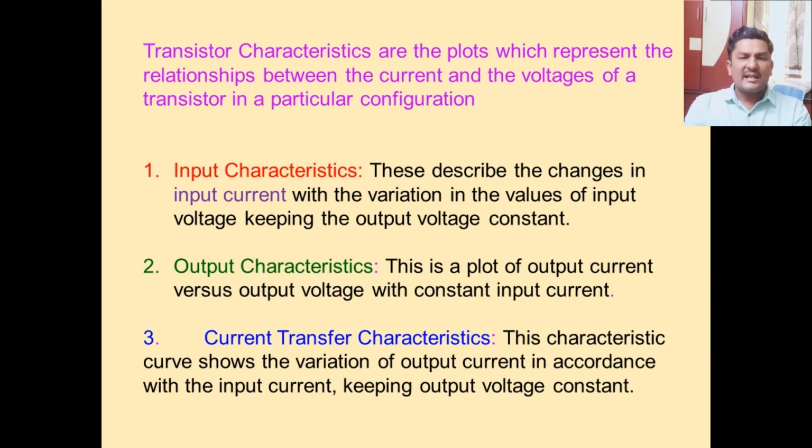The input characteristics are the relation between input current and input voltage, the output characteristics are the graph between output current and output voltage, and the current transfer characteristics are the variation of output current with input current.